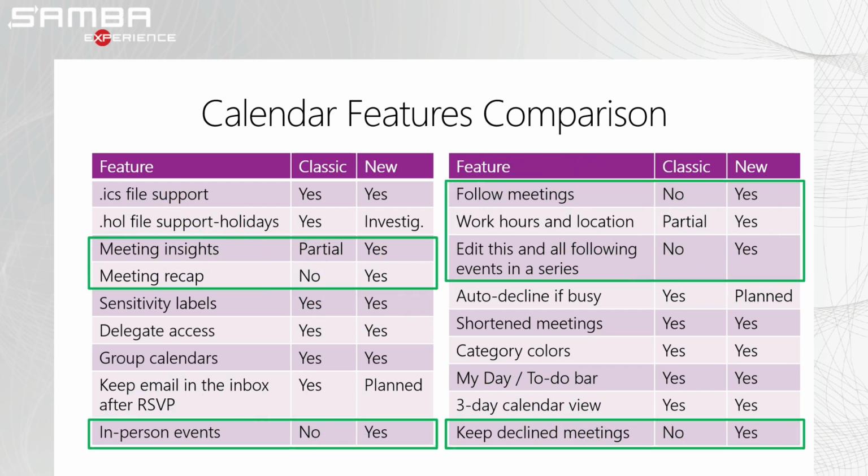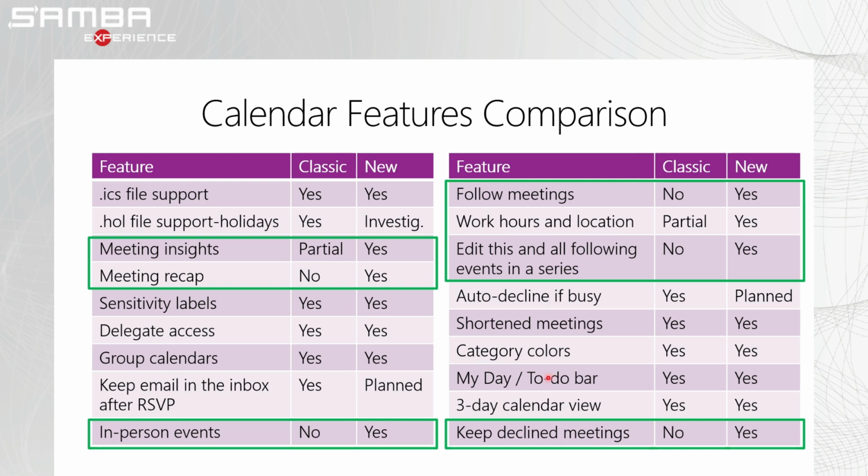Features like meeting insights, meeting recap with Copilot, or an interesting new feature in new Outlook is follow meetings. If you miss your meeting in Teams, you can follow it in chat in new Outlook.